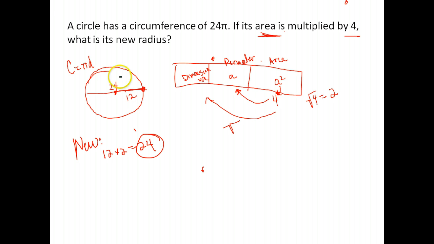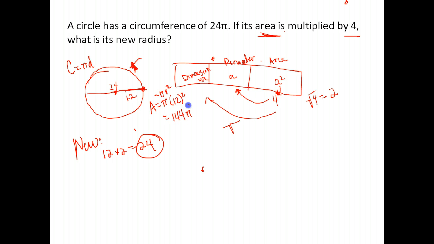Again, you can try this out by hand. One thing you can do is say, if I have a circumference of 24 pi, that means my diameter was 24 and my radius was 12, and that my original area was pi times 12 squared, since the area of a circle is pi times radius squared, or 144 pi. 12 times 12 is 144.